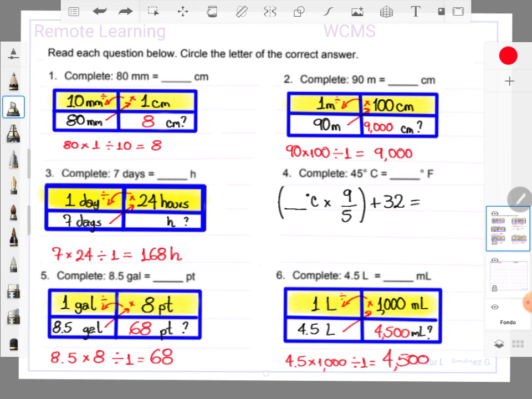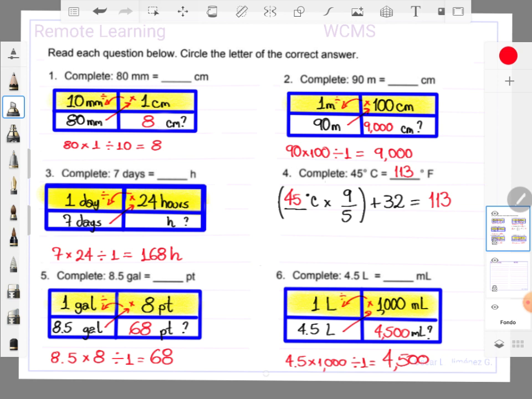So again, we multiply 45 times 9/5 and then plus 32. You can use your calculator or your pencil, but anyway, you will find the Fahrenheit degrees.